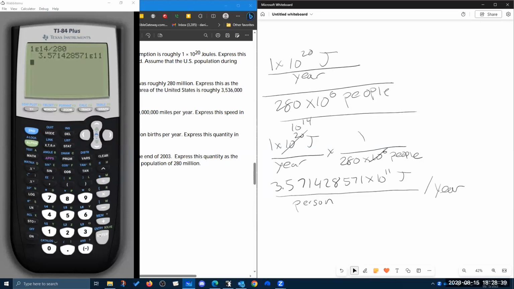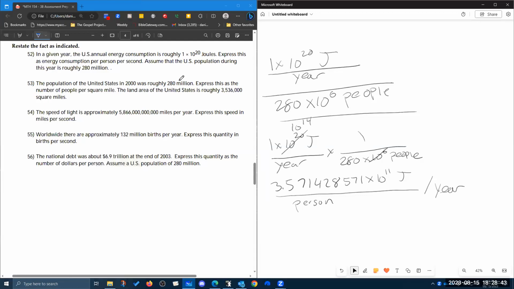But I want to get this from per year to per second. All of this is per year, so it's times 1 over year, so the years are down here.